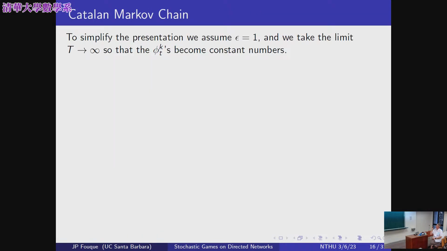So now I want to be even more explicit than that. And to be explicit, I pick epsilon equals 1, and I take capital T goes to infinity. So I look at the stationary solution of this Riccati equation. That's easier.